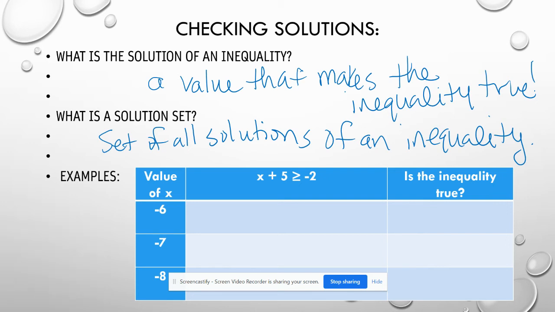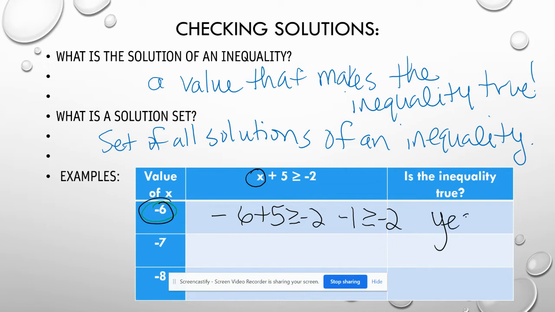If I'm looking at this table of examples, it's asking us to start with -6. So is -6 a solution of this? Well, remember we replace x with -6, so -6 plus 5 is greater than or equal to -2, which is -1 greater than or equal to -2. Is that true? Yes.